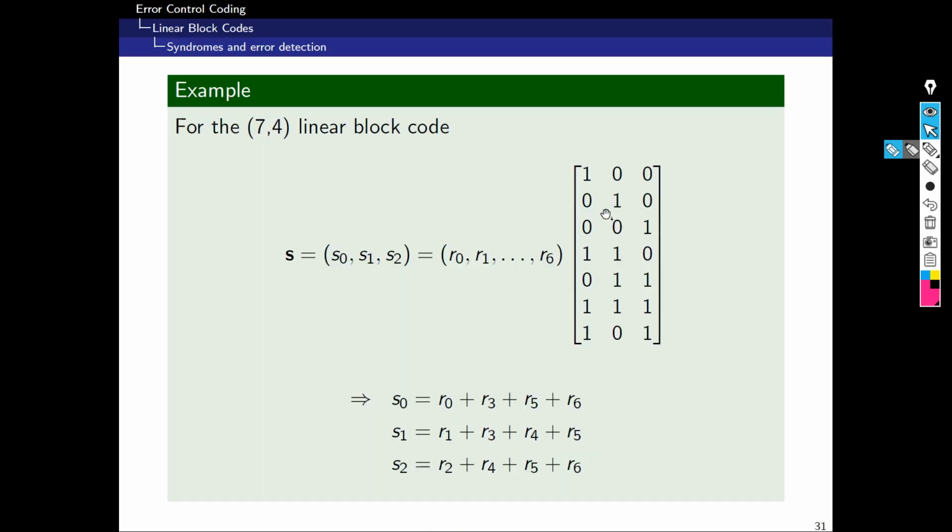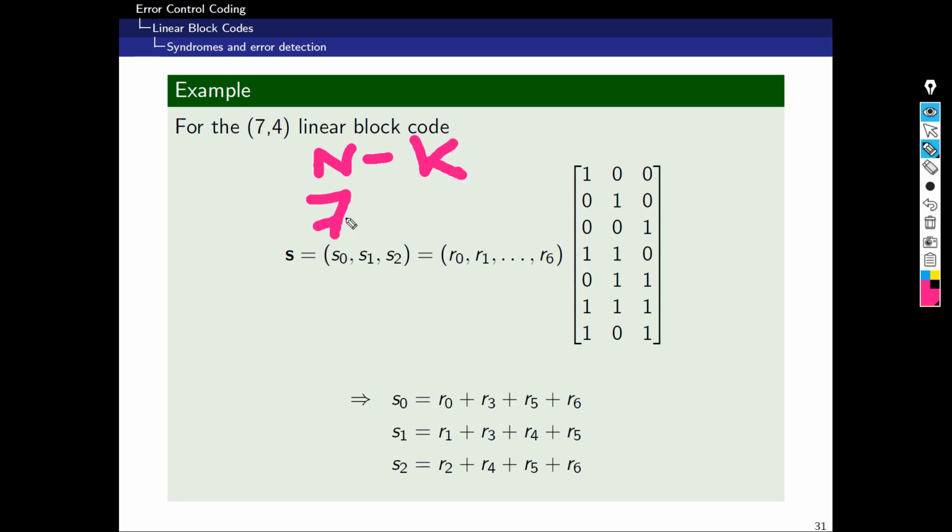Let's give a practical, realistic example. For the linear block code (7,4), you have the received signal R0, R1 till R6, and you have H, which you obtained from G. Then by multiplying R, the received vector, with H, you get S. S is the syndrome, and the syndrome length is equal to n minus k.